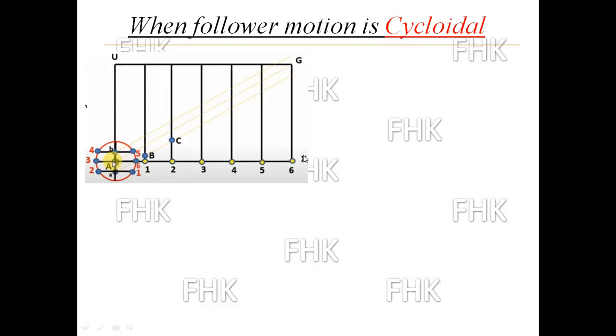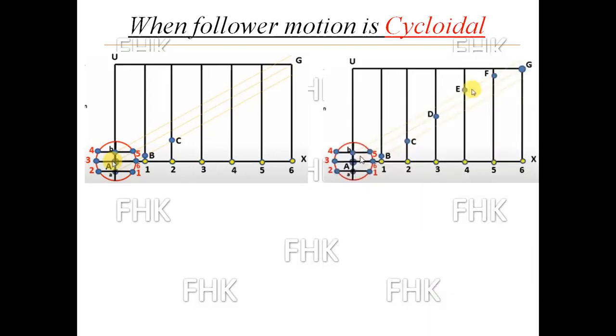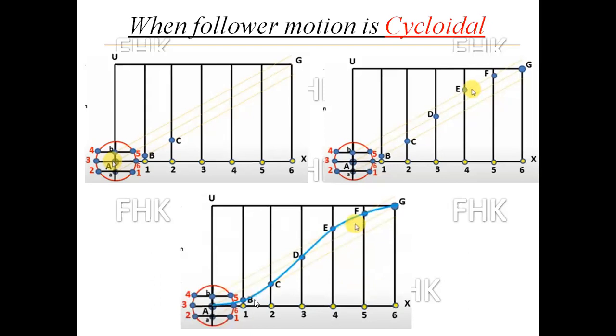And the last one is this sixth straight vertical line and this sixth point which I will project on the vertical line, which is point a, and this will be the last intersection point at G. So I will get the different points A, B, C, D, E, F, and G. This I will join by a smooth curve. Okay, so this is the procedure to draw the displacement curve when the follower motion is cycloidal.